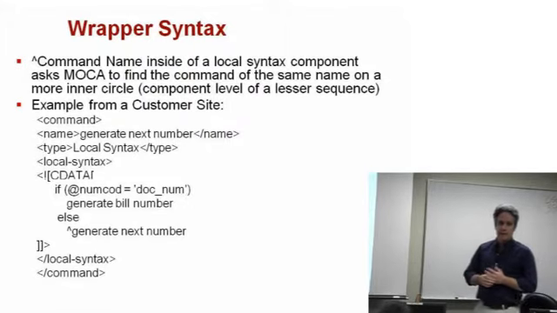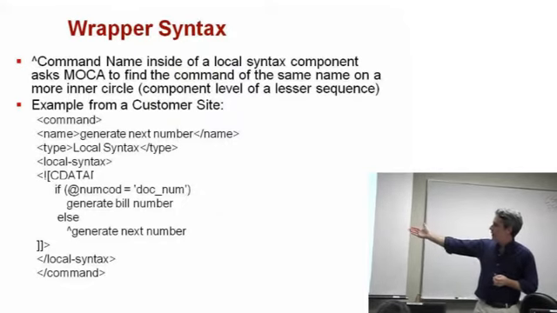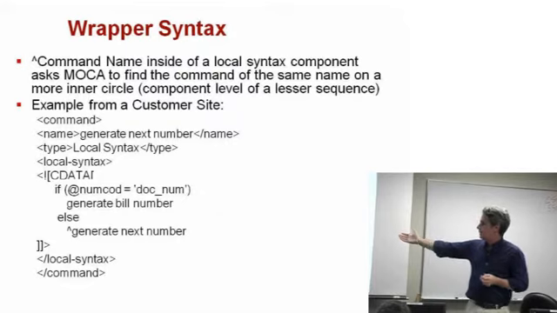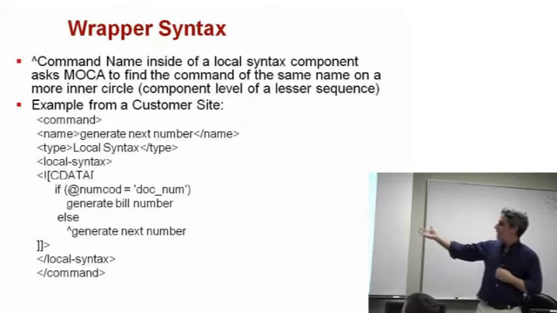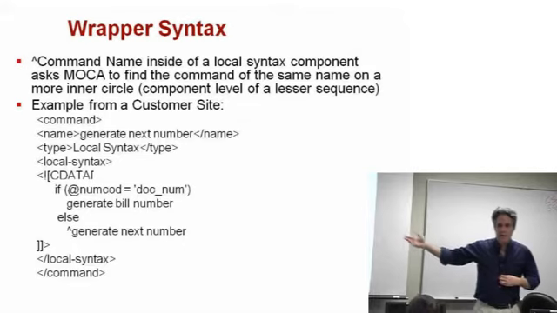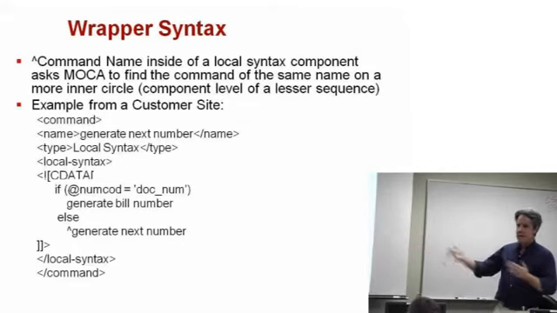So essentially what they've done here is they said, we're going to call generate next number, and if the num code is doc num, then we're going to generate a bill of lading number. Otherwise, we're just going to call the next thing. So it allows us to go in there and say, in a doc num, a lot of times you'll have check digits in there, and generate next number does not typically do that. It's just a handy way to use the same thing that we always do from an implementation perspective.